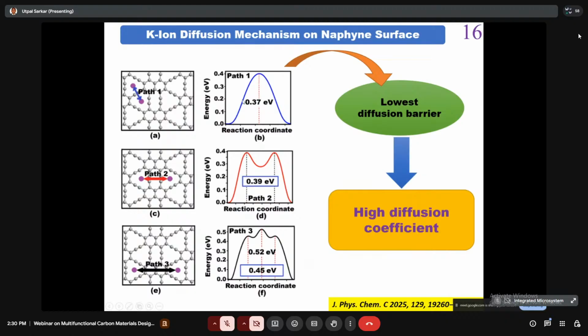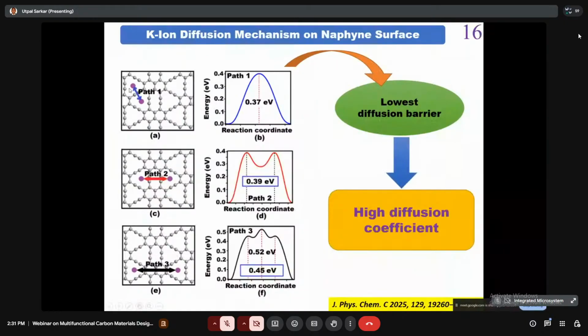We get this energy barrier of about 0.37 electron volt, but here there is a local minimum, which is perfectly reflected here. So the energy barrier is a little bit larger, 0.39 electron volt. But from here to here, the energy barrier is a little bit larger still, 0.52 electron volt.